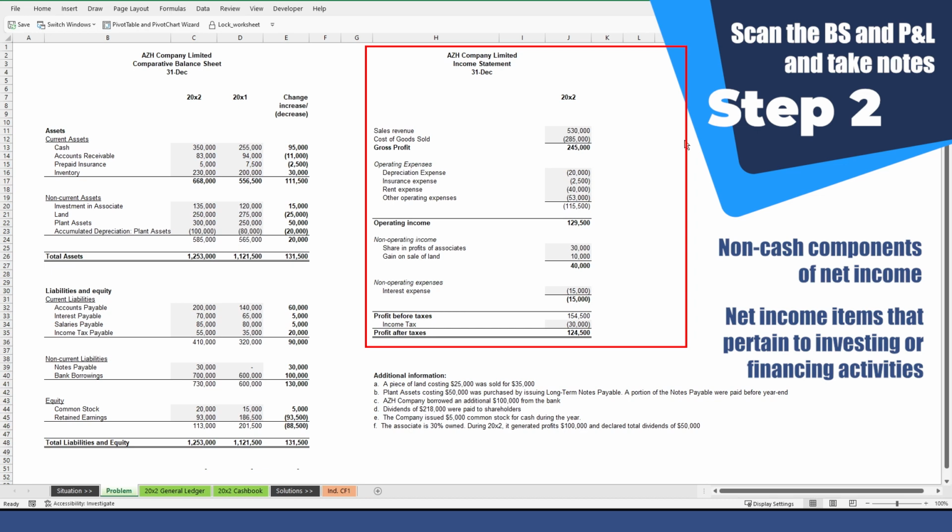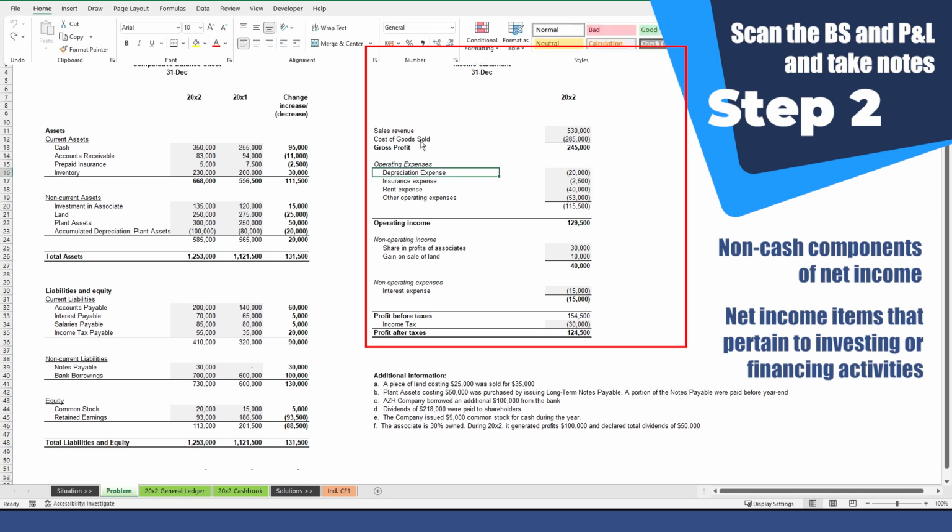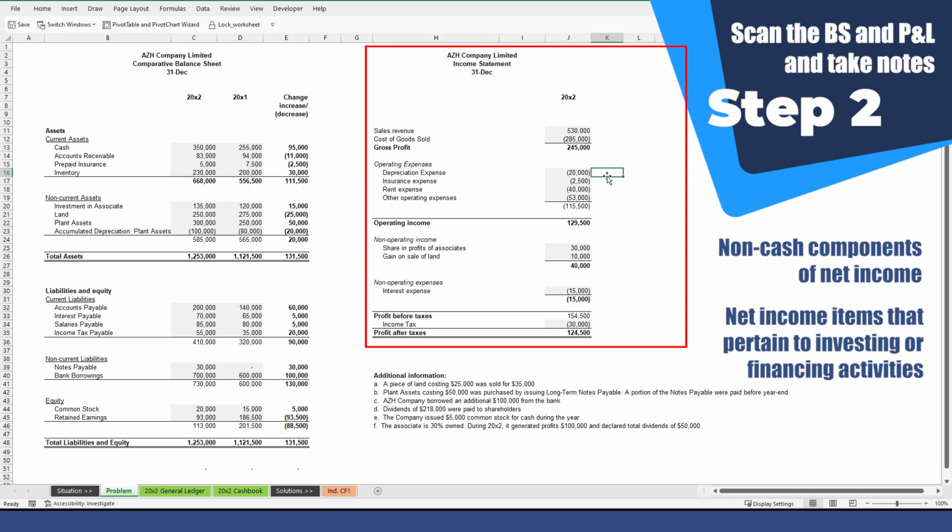Applying step 2, for example, we can scan the income statement and know the following. During the year, we have depreciation expense of 20,000, which is a non-cash component. We also have gain on sale of land, which is an investing activity.